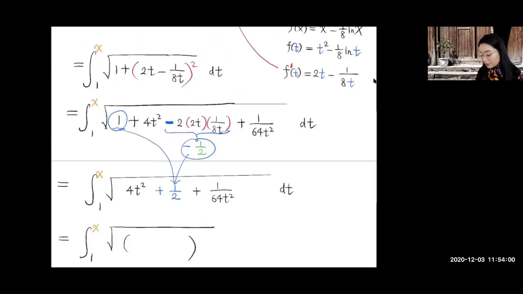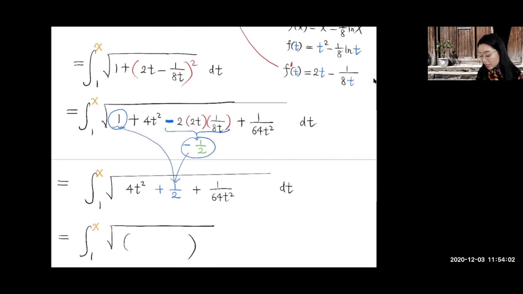Well, remember when you expand this perfect square, you got this, right? You got this three-term chain over here, right? Now this three-term chain is kind of similar to this one over here. The only difference is this has a minus 1/2 in the middle, and this one here has adding 1/2 in the middle. So this is going to be a perfect square similar to this, except instead of minus here, what operation should be between these two?